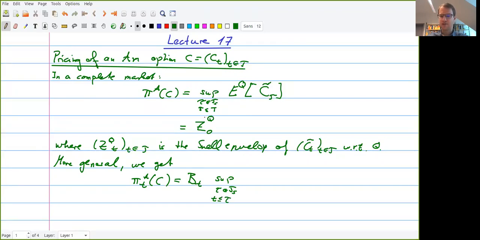This is what we have assumed here as well, because every stopping time is bigger than 0. Now, if you start at time t, you want that your stopping time is bigger than t and less than capital T. And instead of working with the expectation under Q, you work with the conditional expectation conditioned on the current time t.